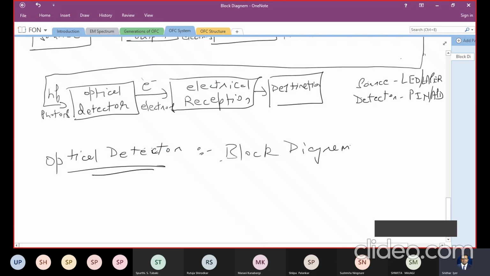Right? In effect, in these two lectures and one lecture offline, I've given you a complete overview about the subject and what is the block diagram of OFC and what are the advantages, so on and so forth. So in the coming lectures, we'll really start with the mathematical aspects of OFC.